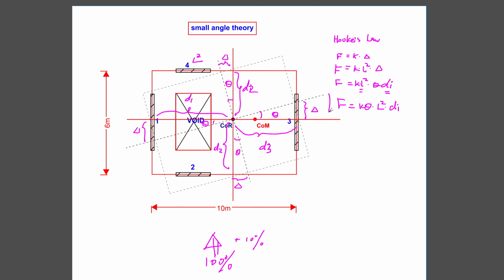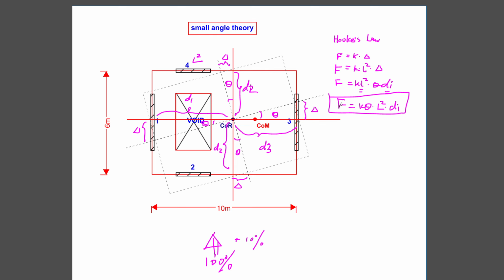And that is the small angle theory we're using to calculate. F is essentially the induced shear force onto the wall. That force is causing these walls to move at a certain angle and resulting in a certain deformation. I said it again.